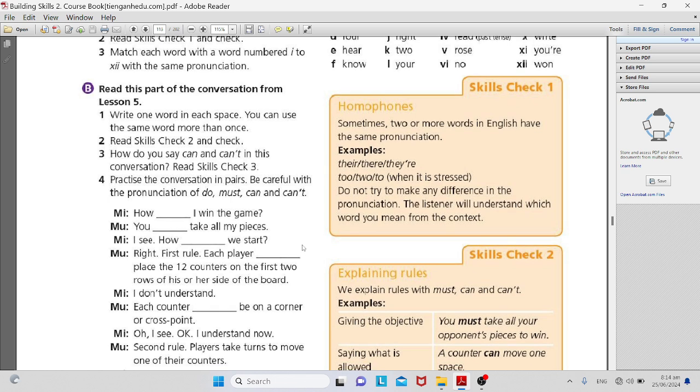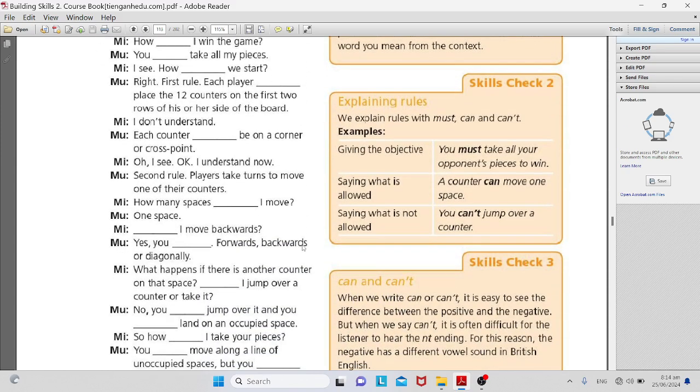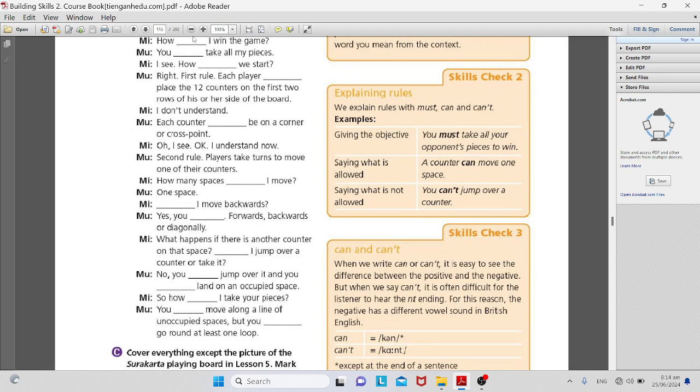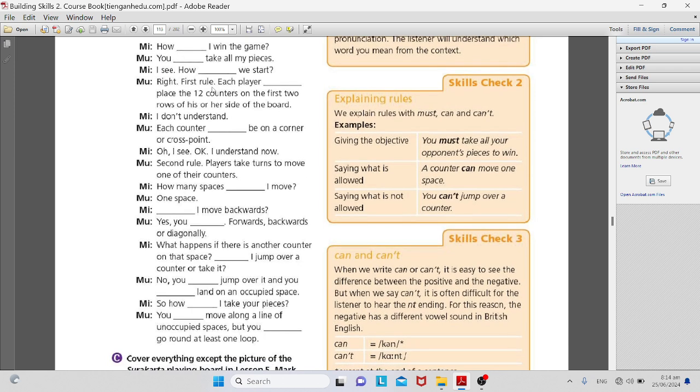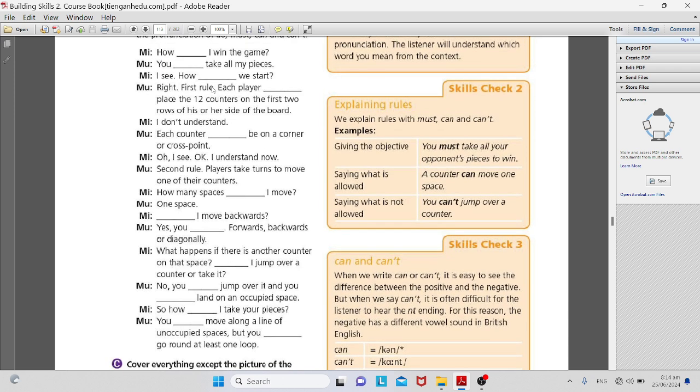So how do I win the game? You must, for example.